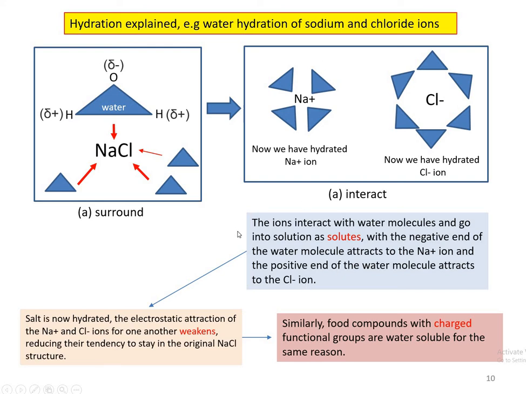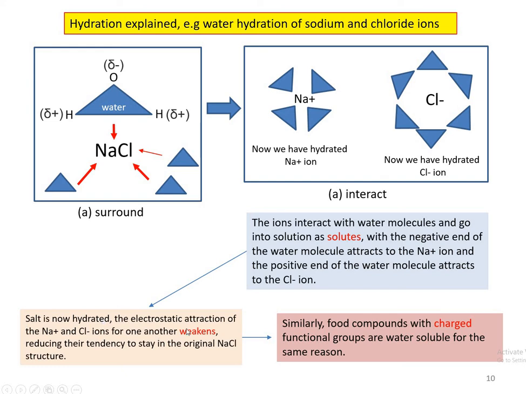Because of the attraction of water molecules to the sodium ions and the chloride ions, you get hydration of sodium ions and hydration of chloride ions. So now you can say that the salt is hydrated.